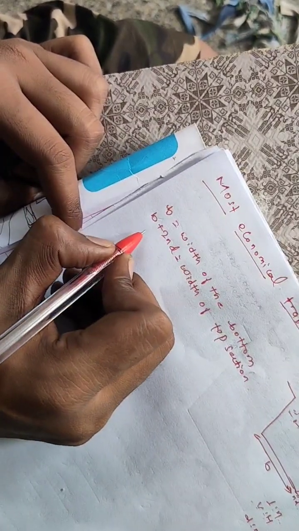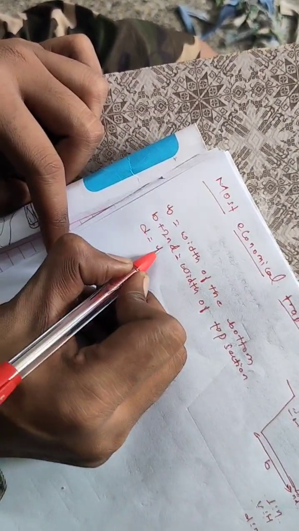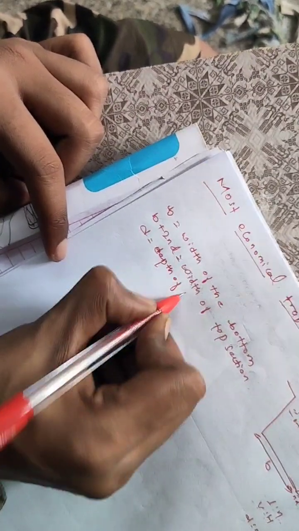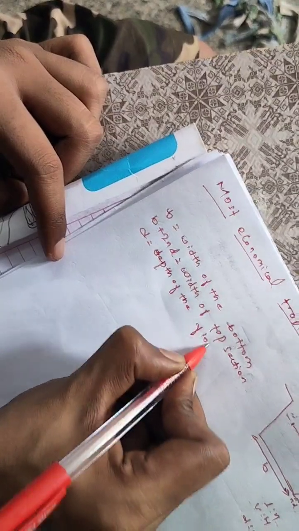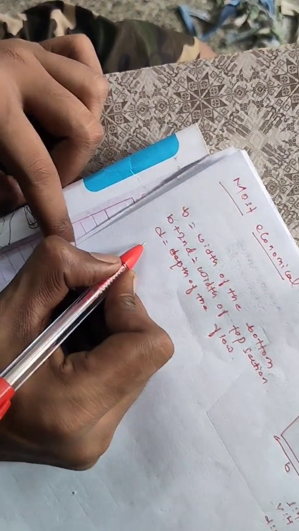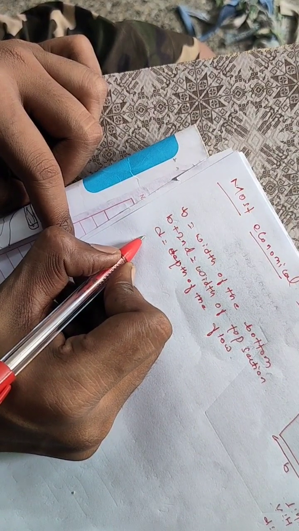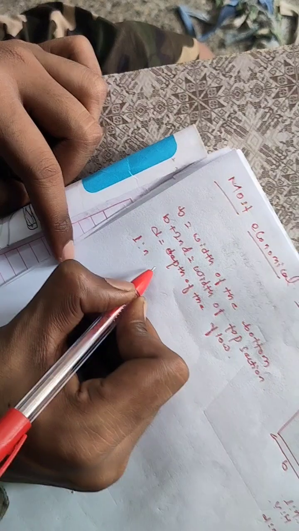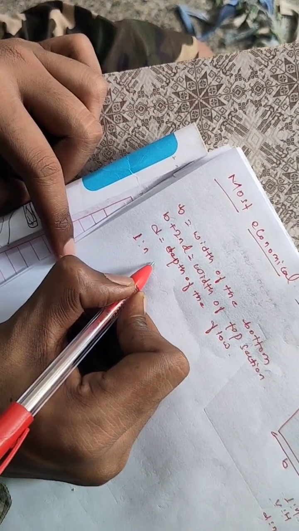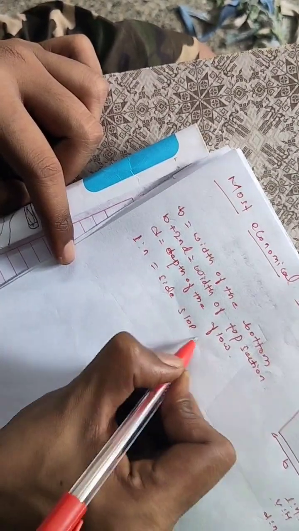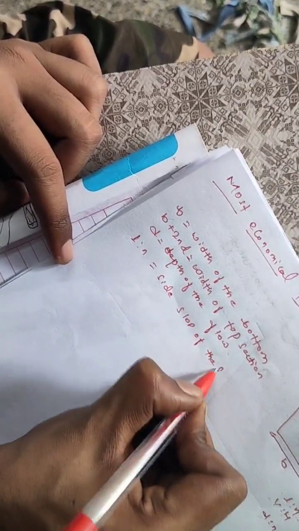Now d is the depth of flow, and we let theta, 1:n, be the side slope of the section.